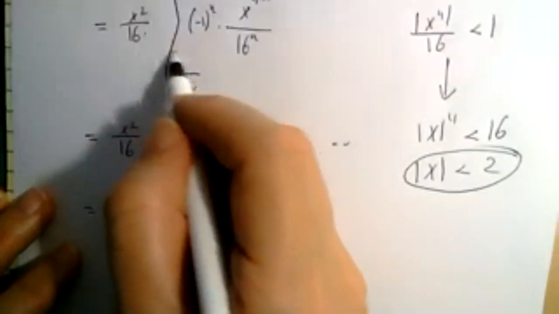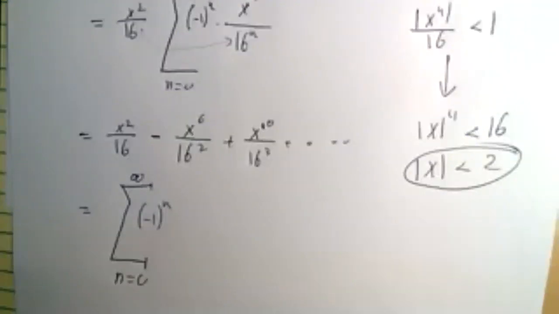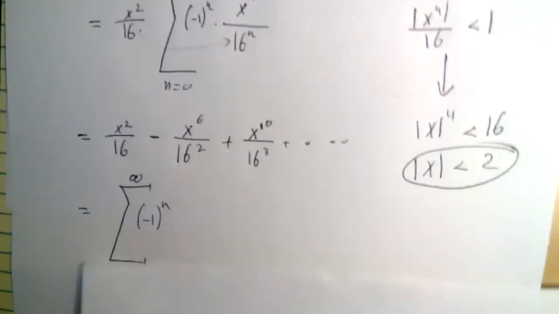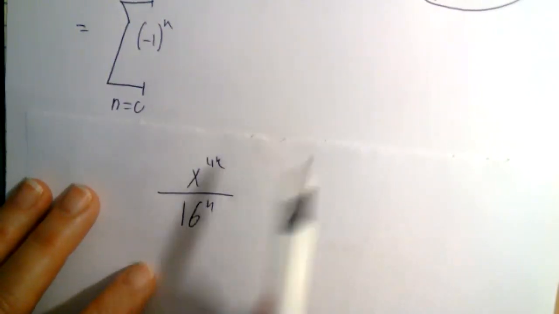And now I want to distribute this. Basically what I am doing is the following. I'm taking every term, x to the power 4n, it's right there.